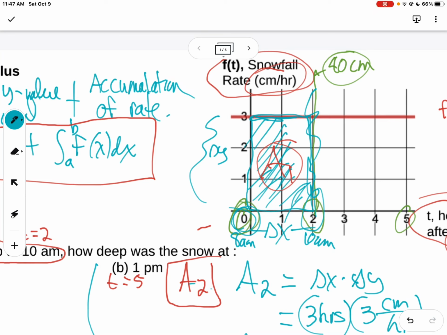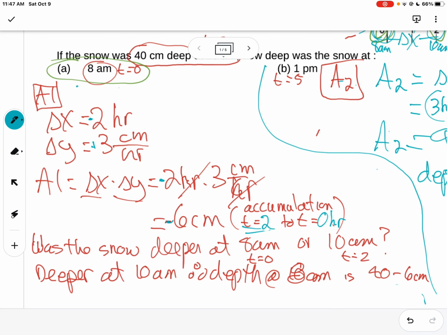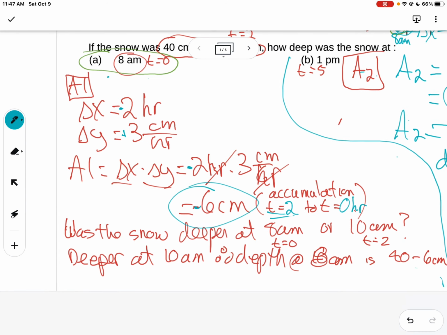I think it's pretty intuitive that it's less deep, because if you walk out in a storm and the snow at 0 hours is, say, up to your knees, the longer you stand outside, the snow is going to go up higher and higher, right? So if you look back in time, there's going to be less snow. So that's why this is a negative. That's a negative accumulation of snow, because I'm looking back in time. Okay, delta x is negative.